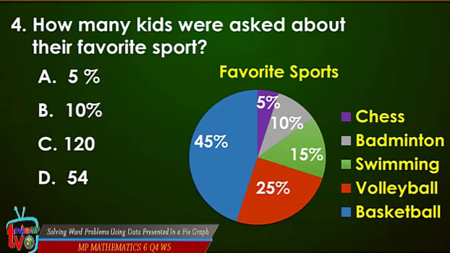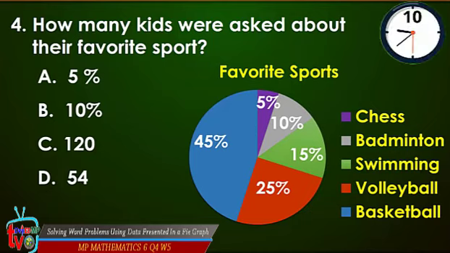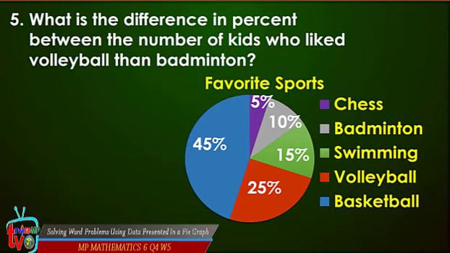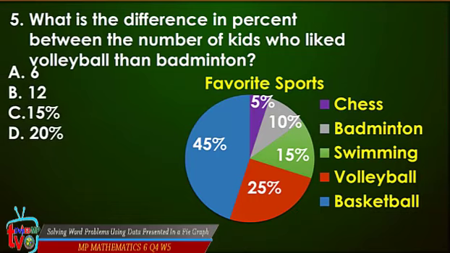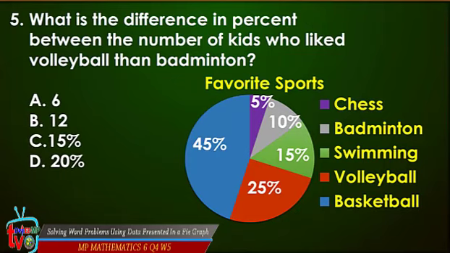A. 5%, B. 10%, C. 120, D. 54. Number 5. What is the difference in percent between the number of kids who like volleyball than badminton? A. 6, B. 12, C. 15%, D. 20%.